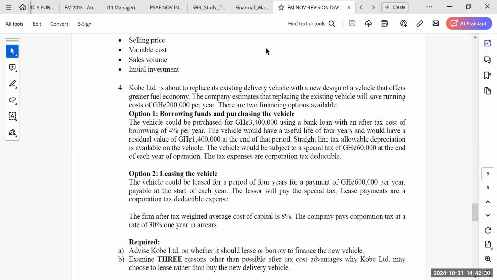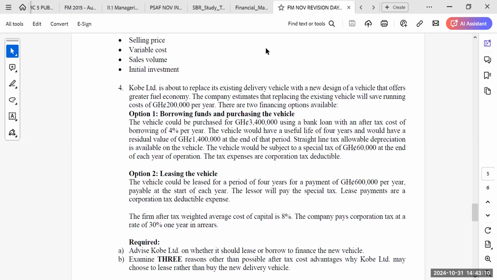There are 2 options. What you have to know is that whether you are leasing or you are buying, the cost savings will still be the same, isn't it? Whether you are leasing or buying, the cost savings will still be 200,000.